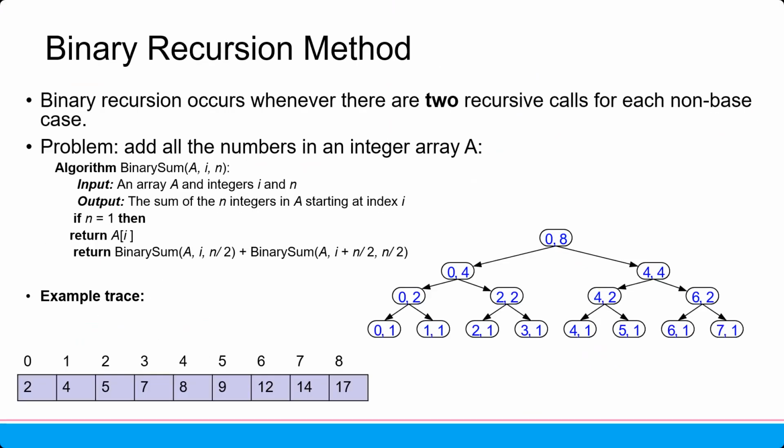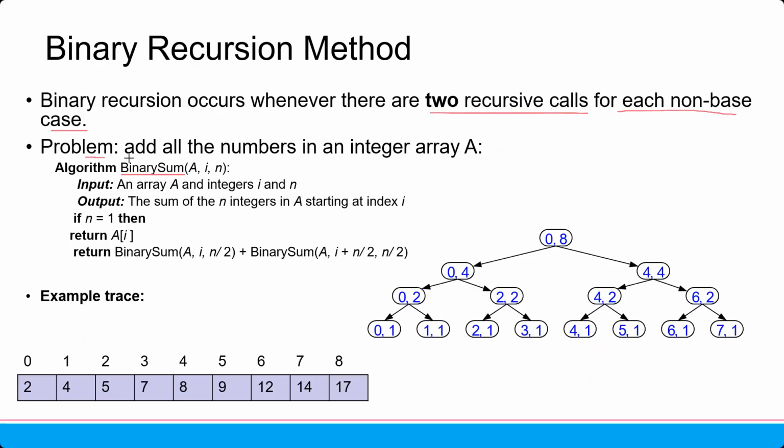The other kind of variant is the binary recursion. Binary recursion means we have two recursive calls for each non-base case. So here we have the binary sum problem.